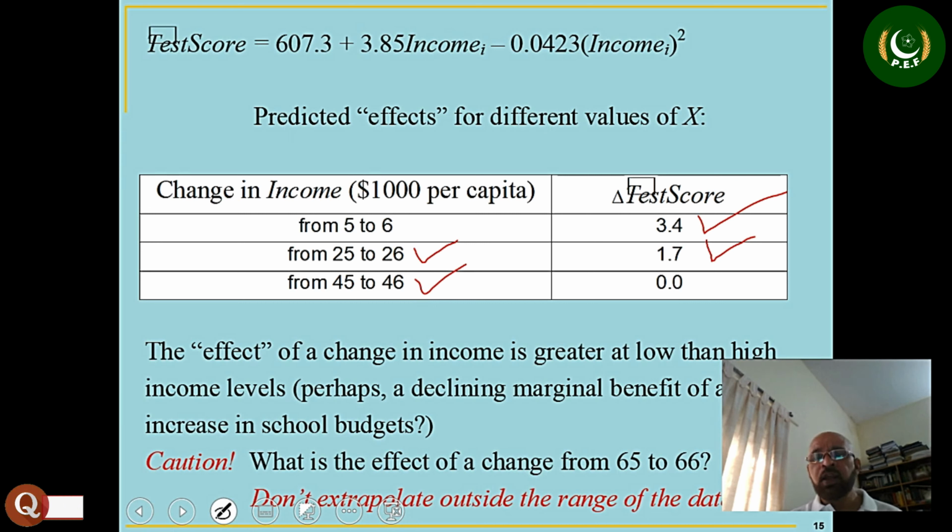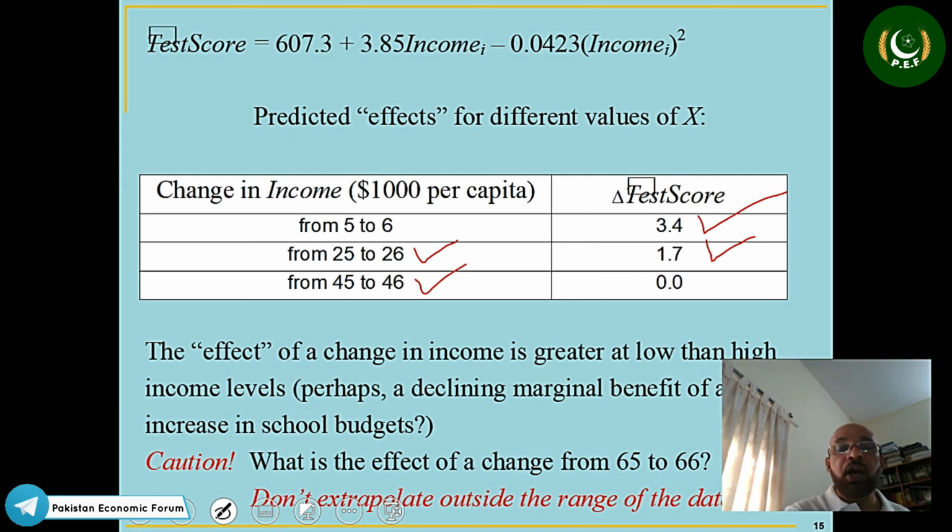Okay, one more thing: what is the test score of children having parents' income of 65,000 to 66,000 dollars? Please don't comment, because that is out of your sample range. So don't extrapolate very far into the future or backward.